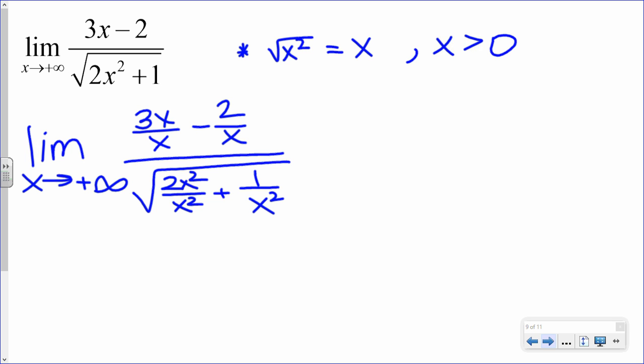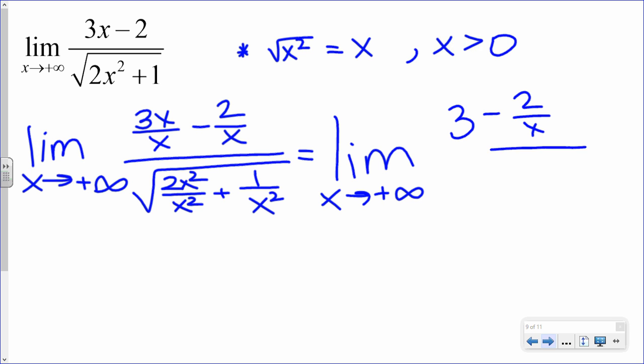We're not changing the value of our fraction because we've done the same thing to numerator and denominator. So it's like we multiplied by 1. Let's algebraically simplify here. 3x over x is 3. 2x squared over x squared is 2.